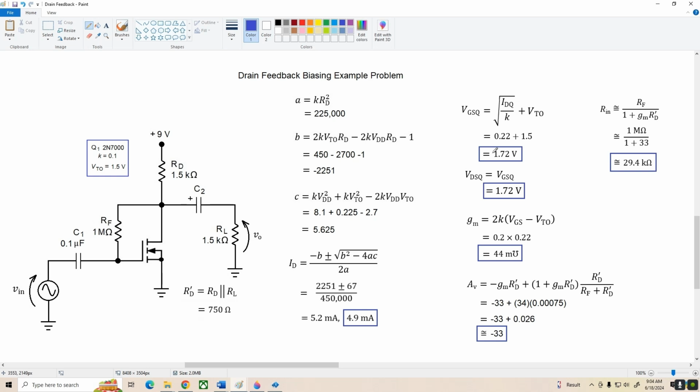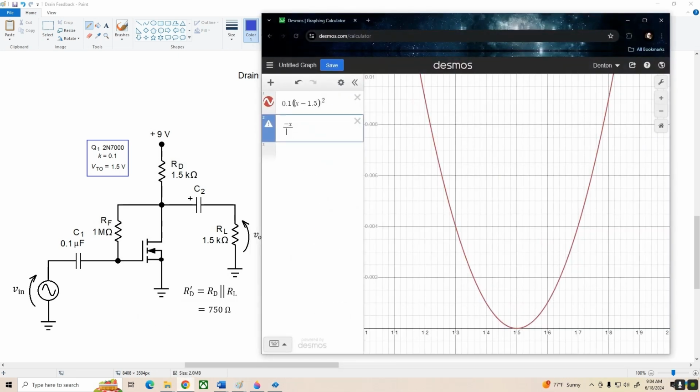with 1.72 volts. All right, now we could also do this graphically, and I'll call up Desmos here, and I've already got my transconductance equation for the parabola here. So what we're going to enter into the second line is our power supply voltage 9 volts minus X, which represents VGS.